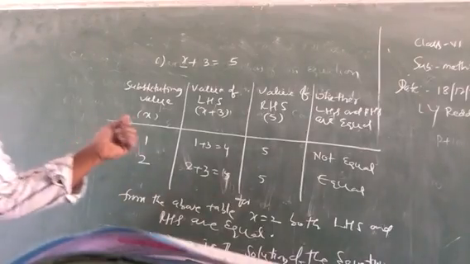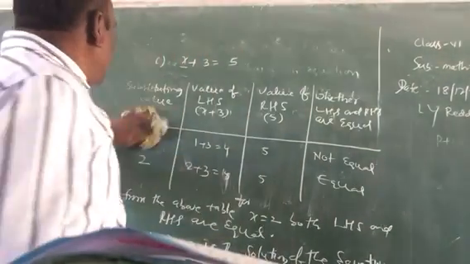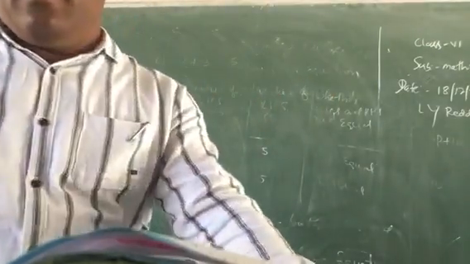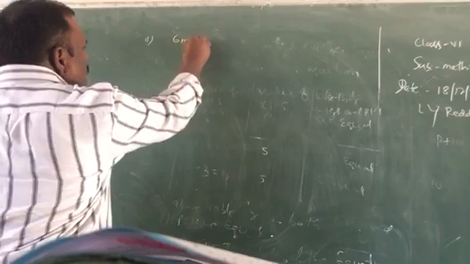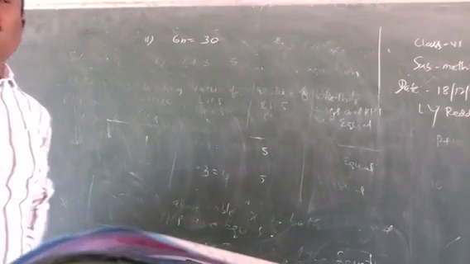So like that you have to solve the equation by trial and error method. One more example you can take, children: 6n equal to 30. This is also to be solved by trial and error method.